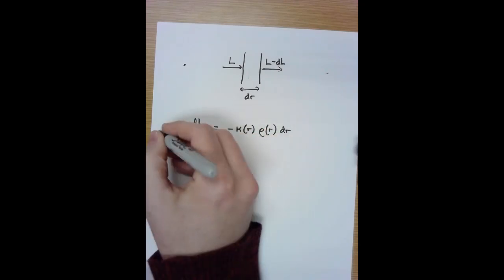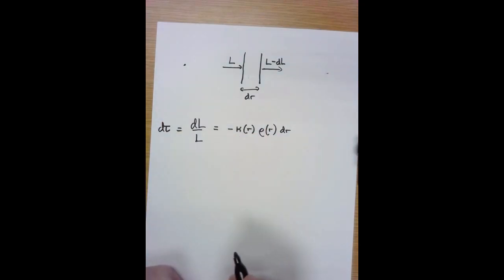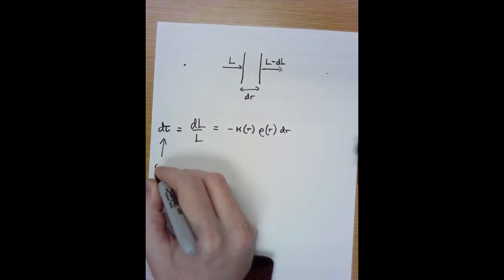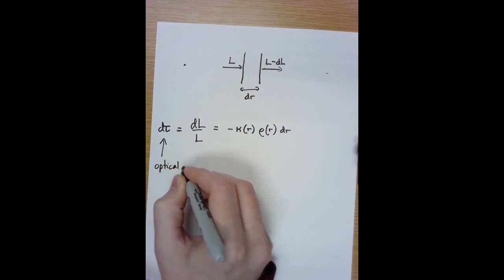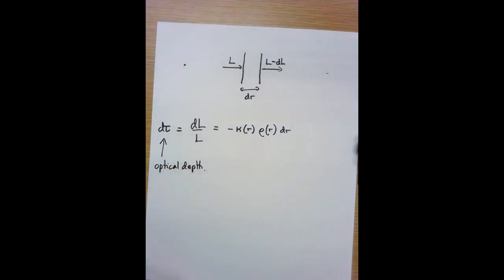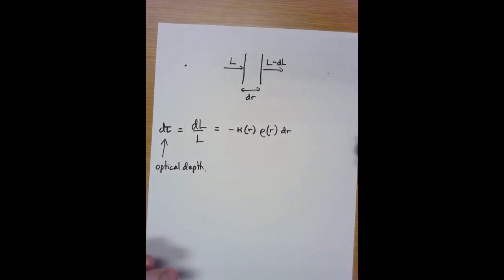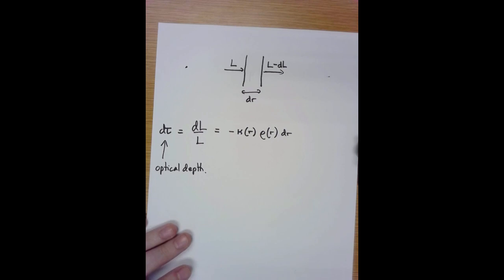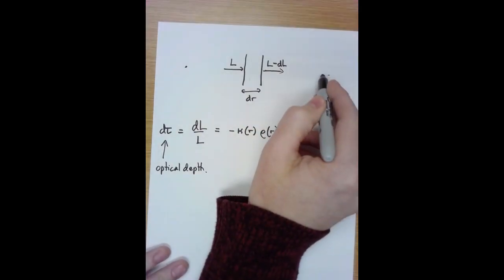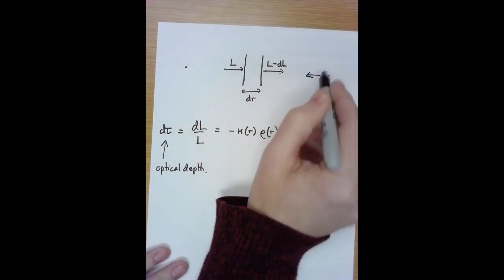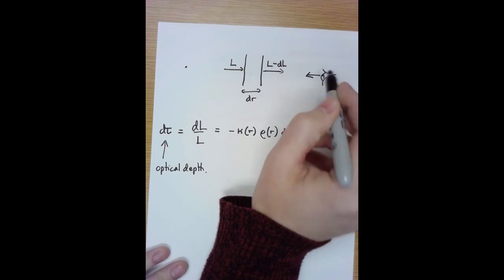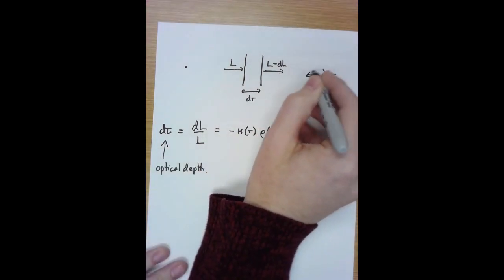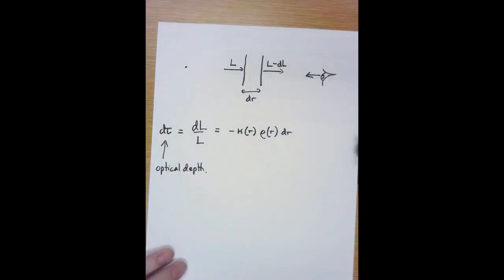This quantity here, dL over L, we can call d tau, which is known as the optical depth. And what this essentially gives us is an idea of how opaque the matter is: if we look from up here inwards, how far into the material can we see? How transparent is it?